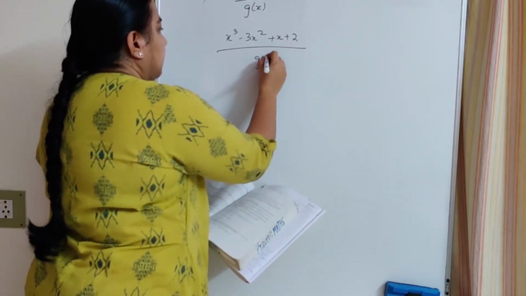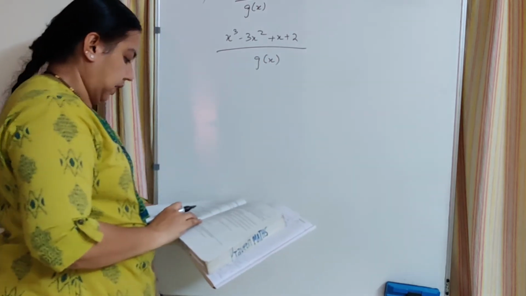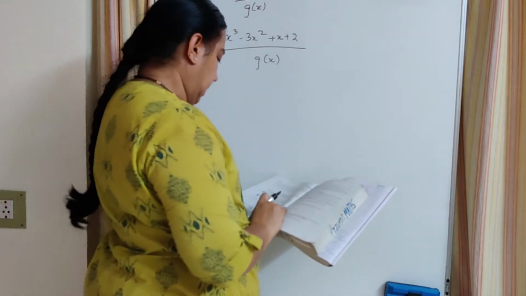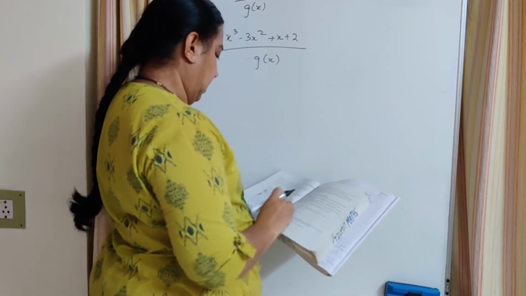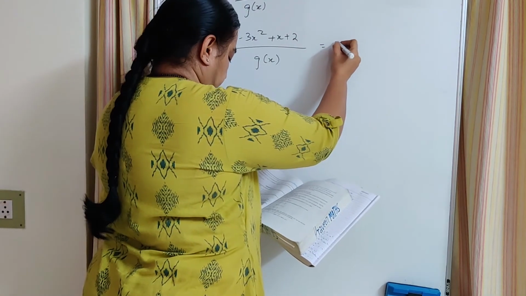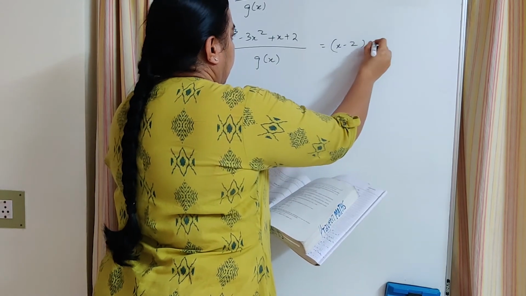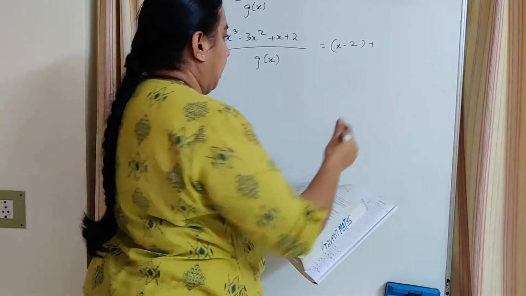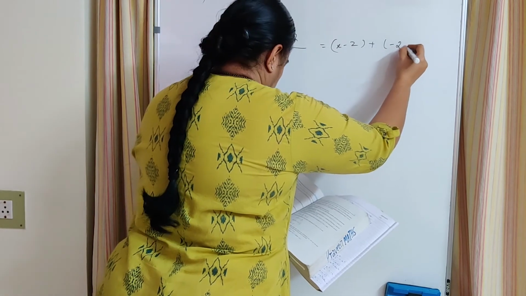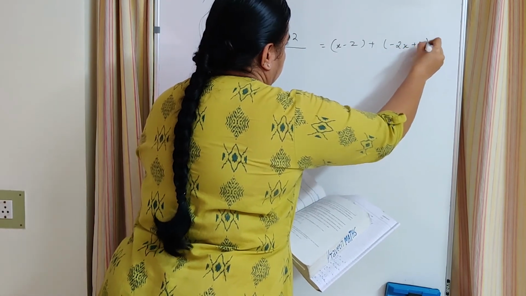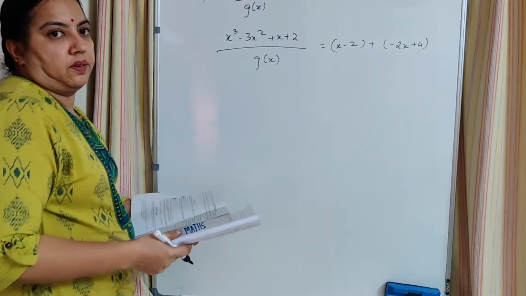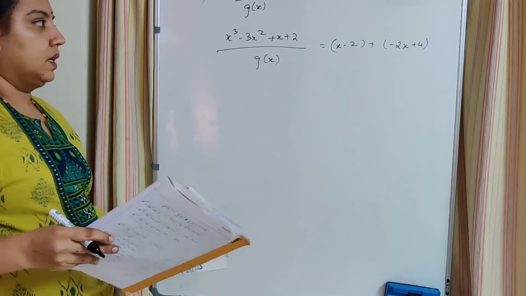When I divide it with some g of x, which is not given, I get the quotient q of x equal to x minus 2, and a remainder of minus 2x plus 4. This is what is given.